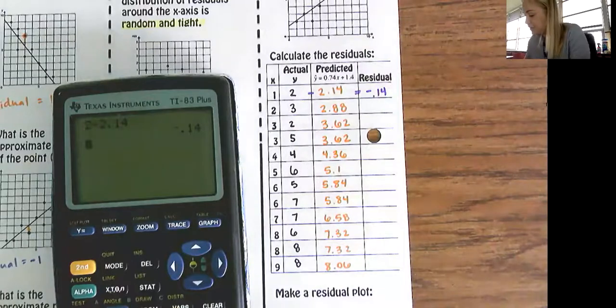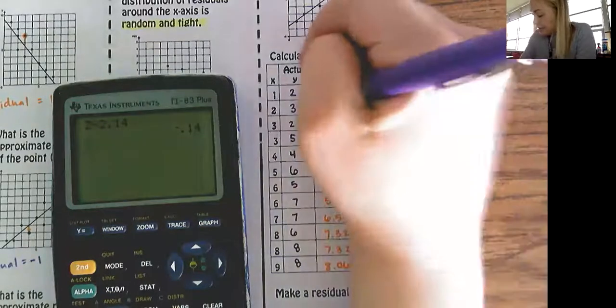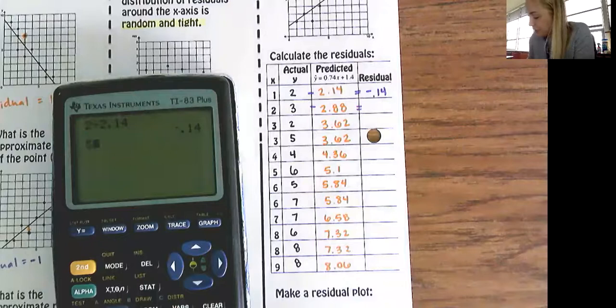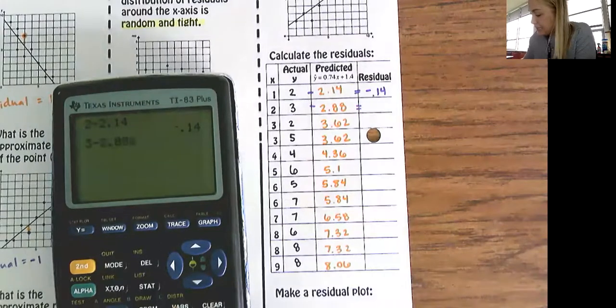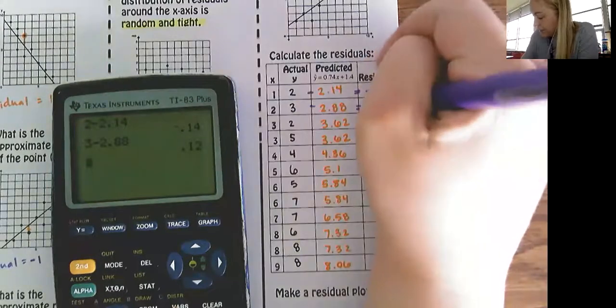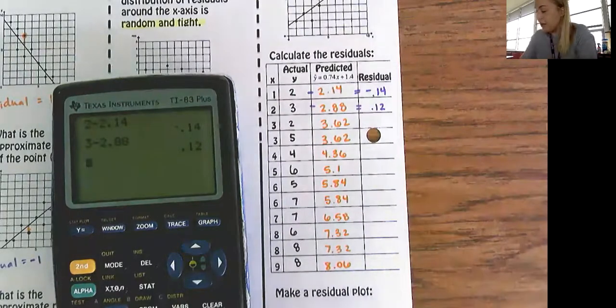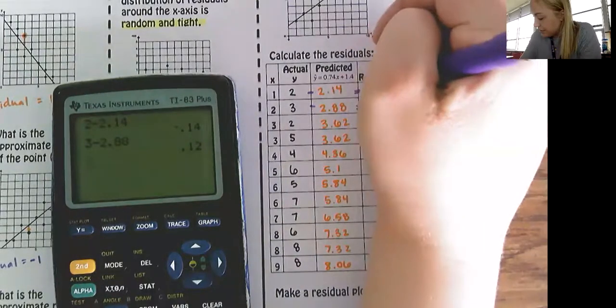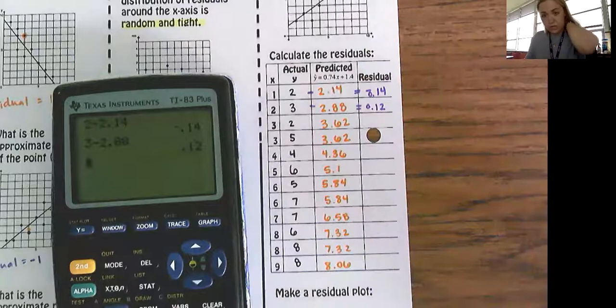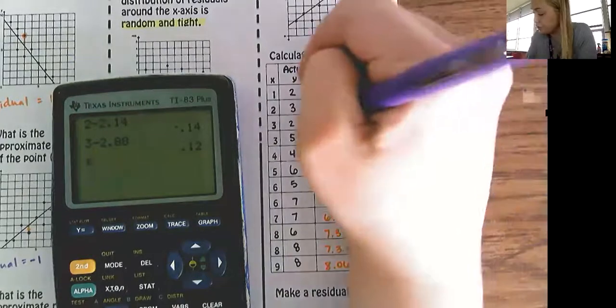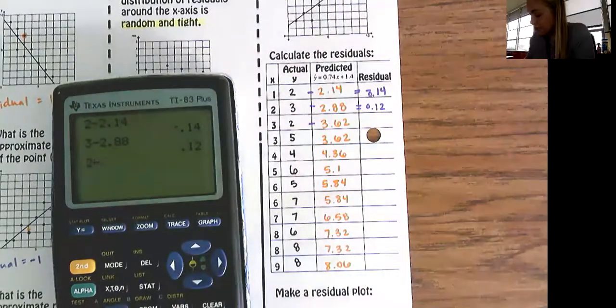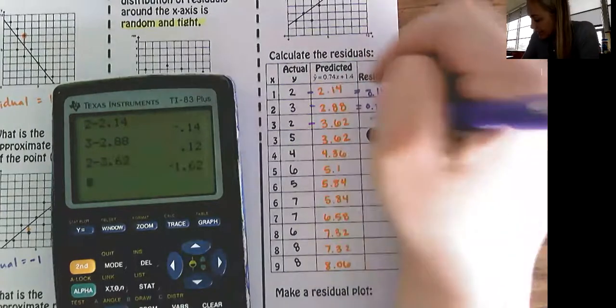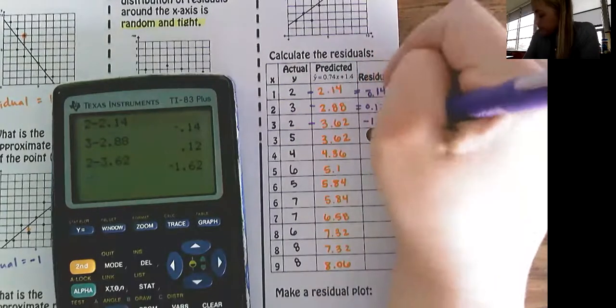Okay, then if I do my actual minus my predicted, I'm doing 3 minus 2.88, and I get 0.12, and that's a positive 0.12. And I'll put a 0 there because I feel like sometimes people get confused when I don't. Okay, then I'm doing 2 minus 3.62, and I get negative 1.62.